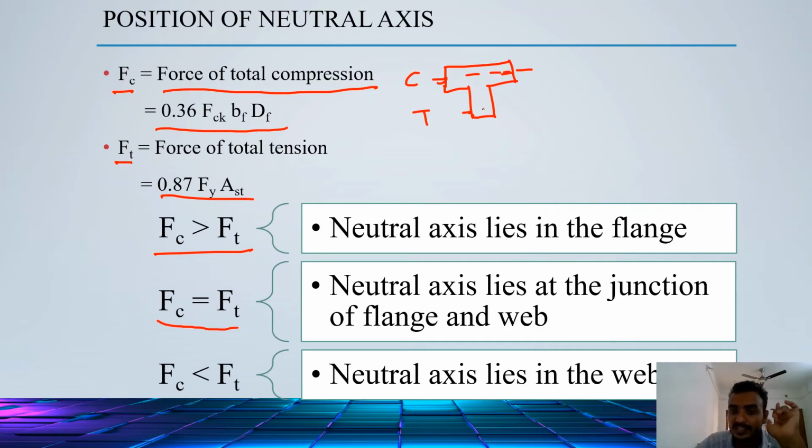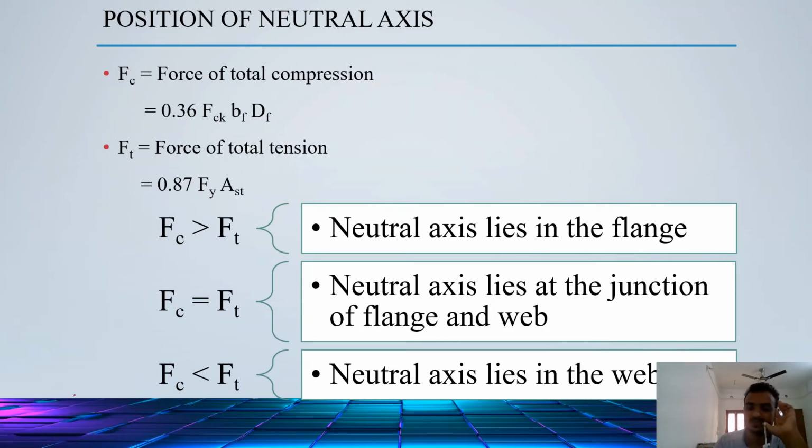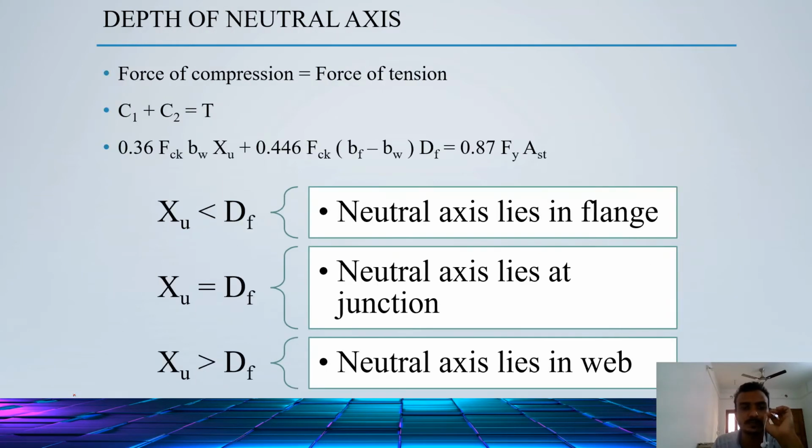When tension force is more, then the neutral axis lies in the web. Remember, if compression force is more, the neutral axis lies in the flange, and if tension force is more, then the neutral axis lies in the web. Or if both are the same, then the neutral axis lies at the junction. Understood? Simple. And by this equation, you can find the position of the neutral axis.